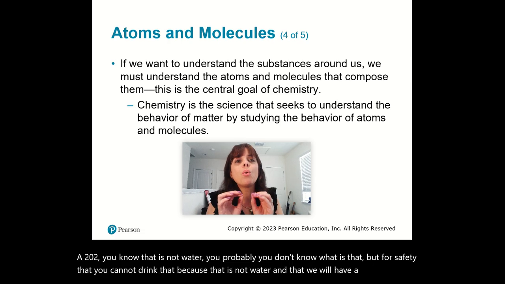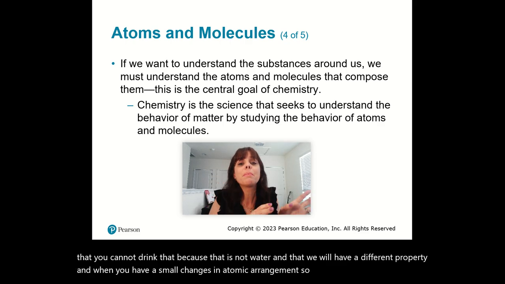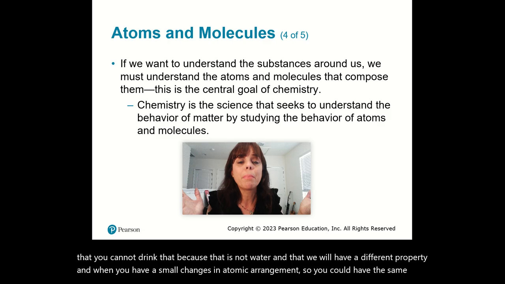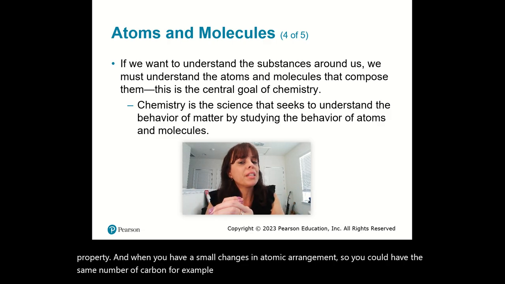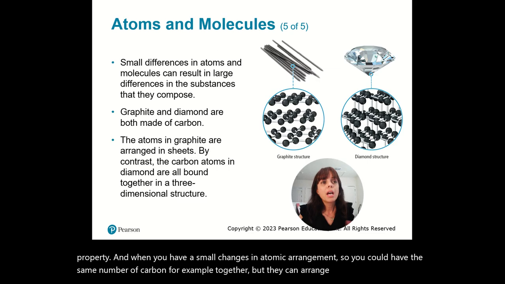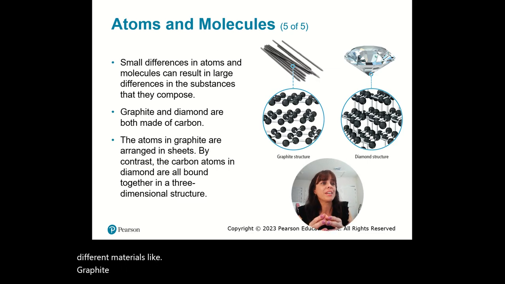And with small changes in atomic arrangement, you could have the same number of carbon atoms, for example, but they can be arranged differently and create different materials like graphite and diamond. In graphite, the atoms are arranged in sheets.